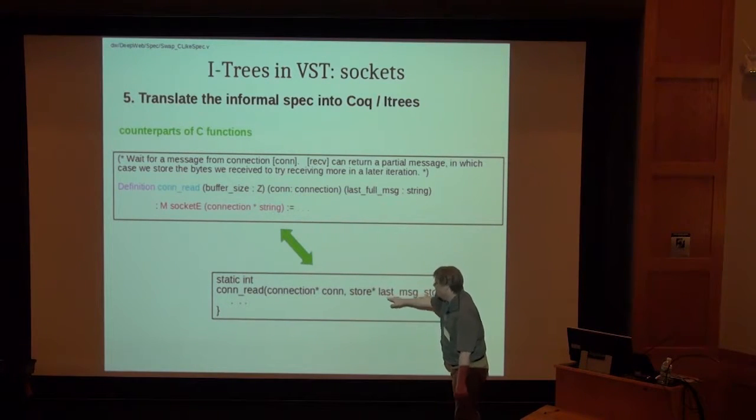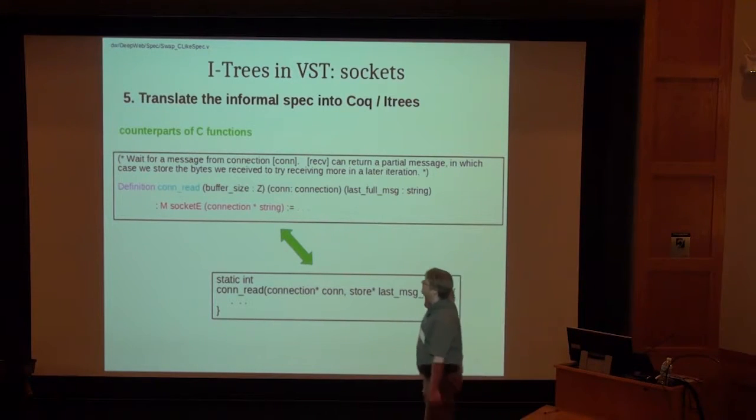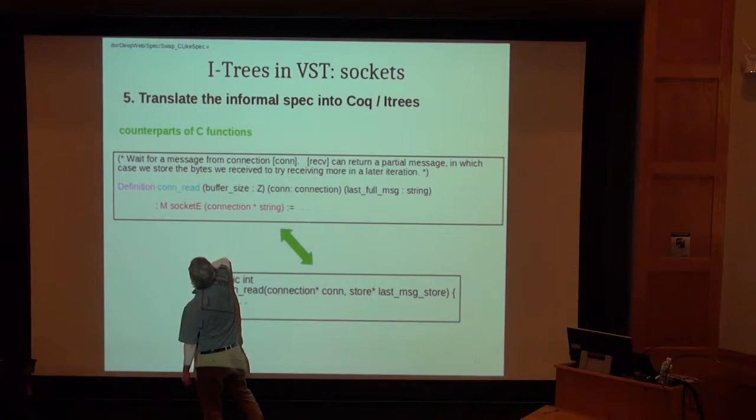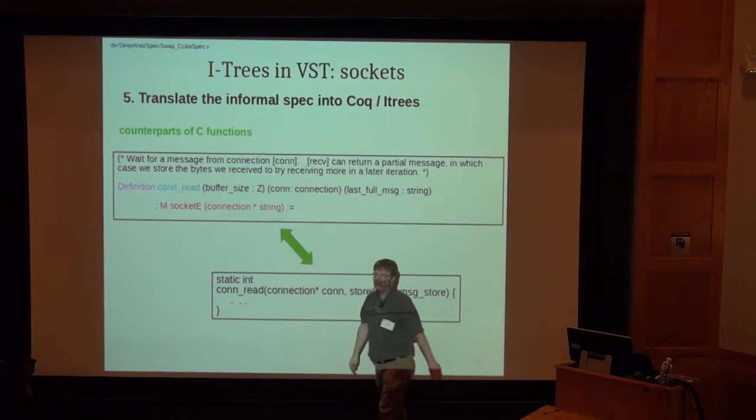So that's one of the functions in the C code actually. And yeah, it's one of our I trees with this instantiation of the events and that return type, if you remember the structure of these trees again.